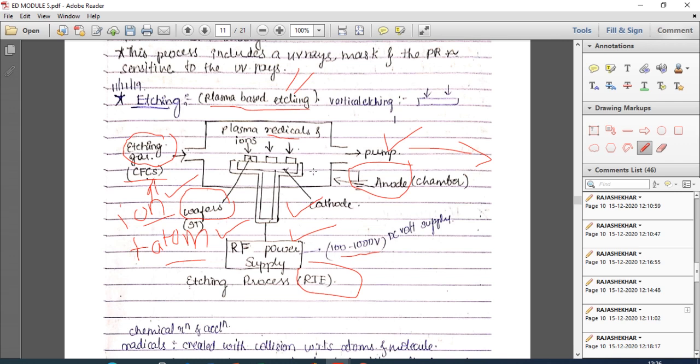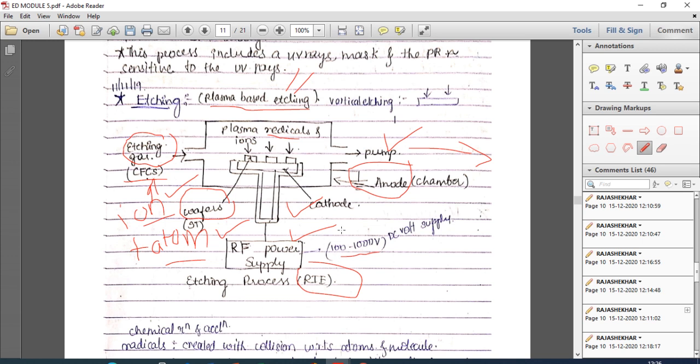A simple process carried out around 1000 volts of DC by supplying the etching gas into the chamber. The reaction takes place, electrons accelerate, and those electrons collide with the atoms and molecules present in the plasma radicals and remove the softened part of the wafer present on this cathode tube surface.